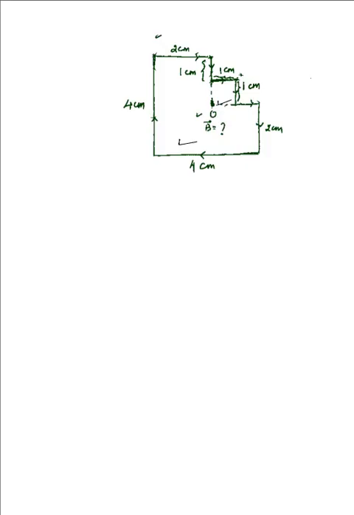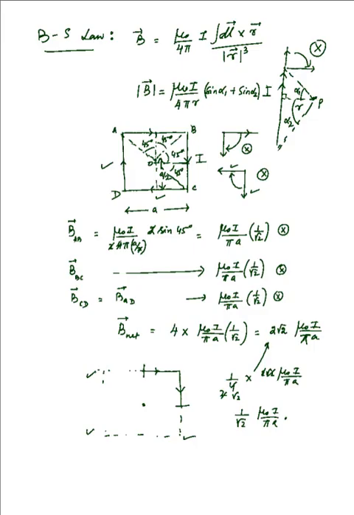Now, going back to the formula that we had obtained, in the bottom of the page, you can see that we have obtained this expression over here, and this is for a quarter of the square.